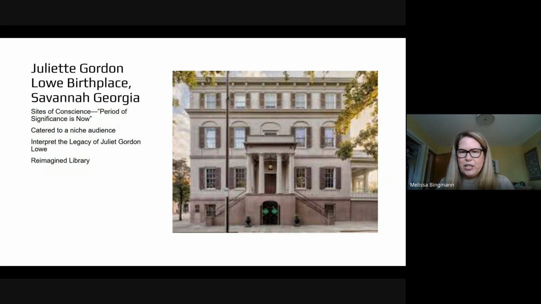So what that did for the interpretation is it was a walkthrough identifying things that Julia owned or things that Julia created. And everyone seemed just happy being amongst the greatness, seeing where Juliette Gordon Low grew up, where she lived, and all the things that she owned, just being in the house and experiencing the greatness. Well, if you didn't know who Juliette Gordon Low is, that kind of causes a problem.